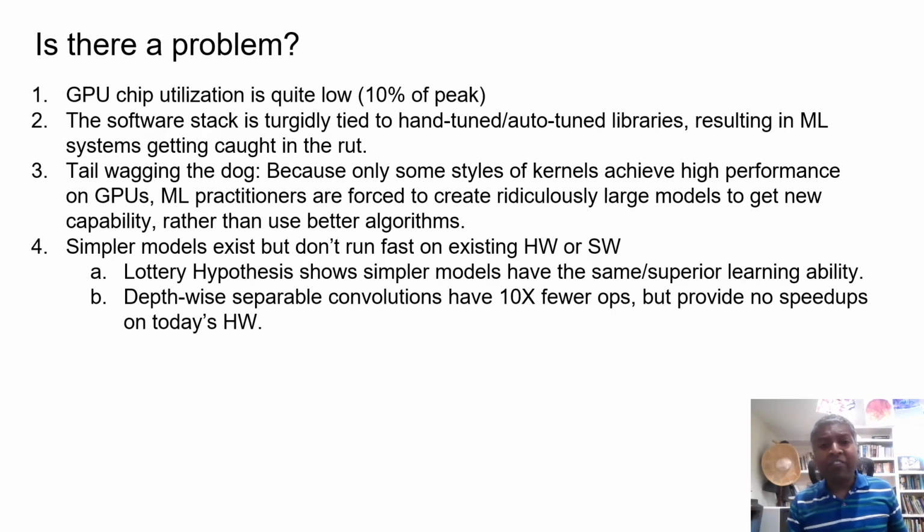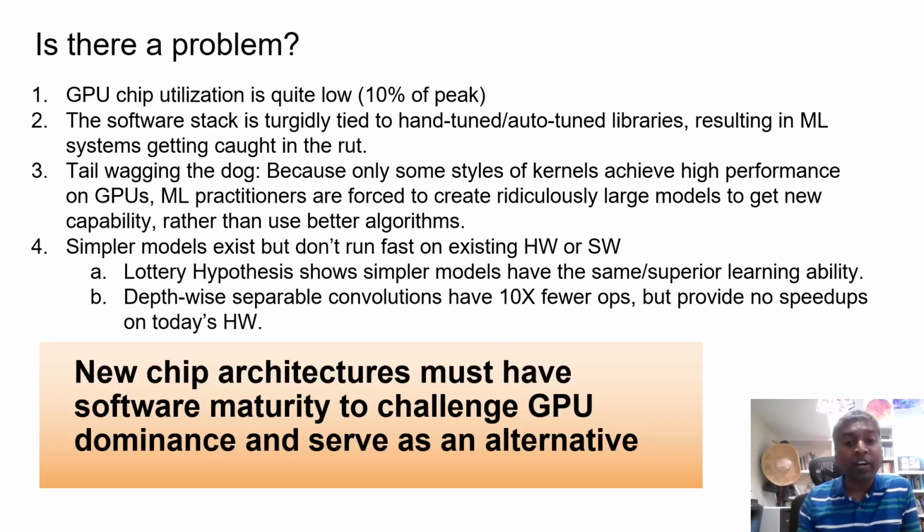So combining all of this with the diversity of AI models, how fast they are changing, and the increasing software user experience expectation, the opportunity and what needs to be done is new chip architectures must have software maturity to challenge GPU dominance, to serve as an alternative.